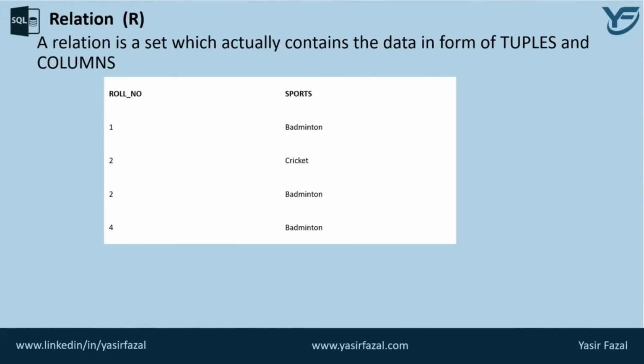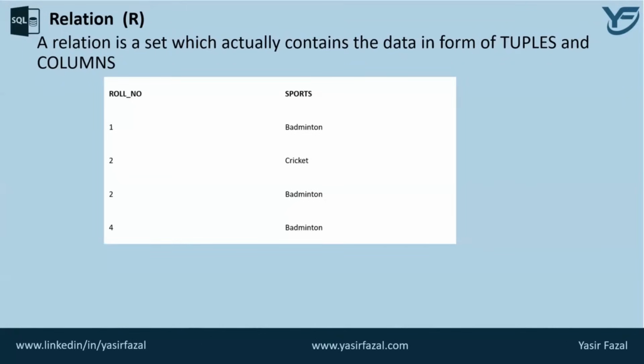On the screen, you can see there is a table and it contains information about the roll numbers and about the sports. How should we read that information? We can read this information in the form of tuples and columns.